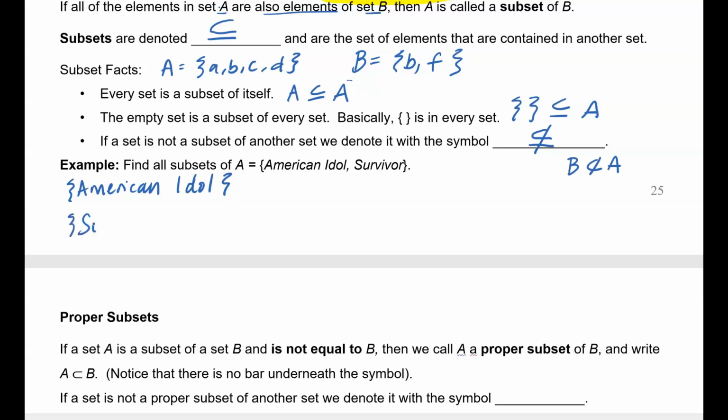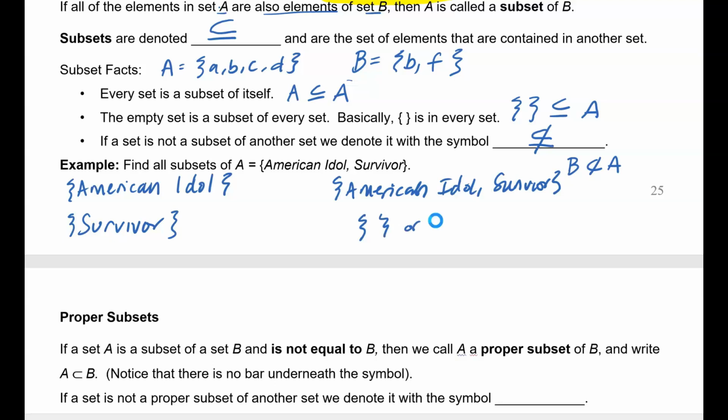One would be the set of just Survivor. One would be the set itself, American Idol and Survivor. And the other one would be the empty set, or you could use this symbol. So it's either or there. If the set in the beginning has 2 items, there are actually 4 subsets that can be listed.